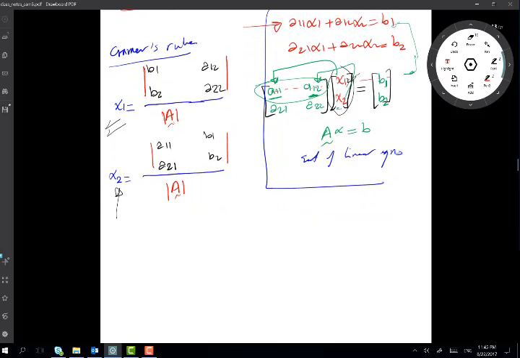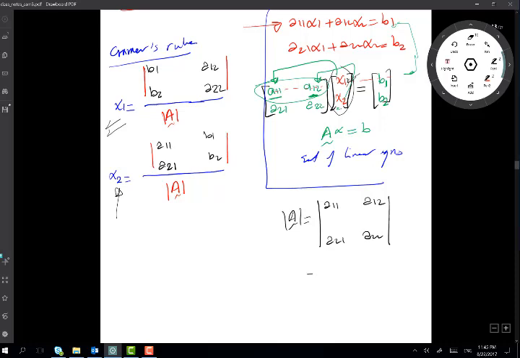Now the determinant of A, how it's calculated: you go A11, A12, A21, A22, right? The determinant of a 2 by 2 matrix is very simple. Just multiply here and take away that. So it's really A11 A22 minus A21 A12.